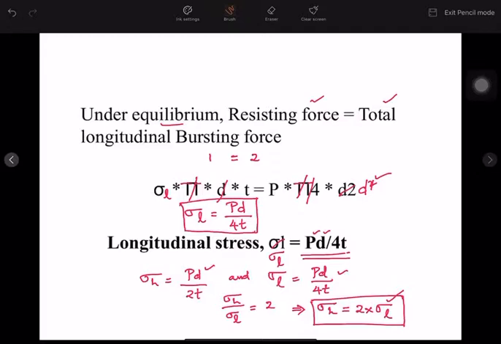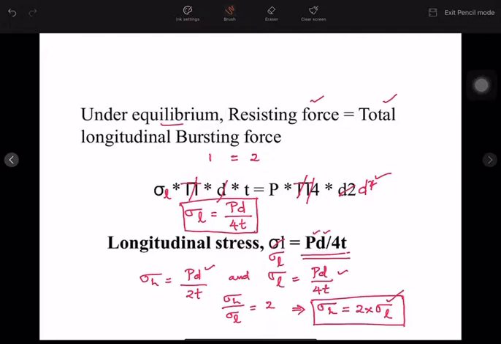So circumferential stress is the more important one compared to longitudinal stress. That doesn't mean we can neglect the longitudinal stress, but hoop stress or circumferential stress has more effect compared to the longitudinal stress. So with this we can conclude this tutorial.